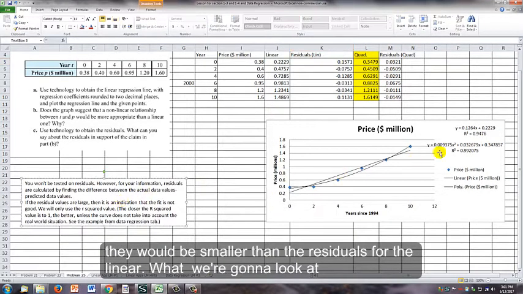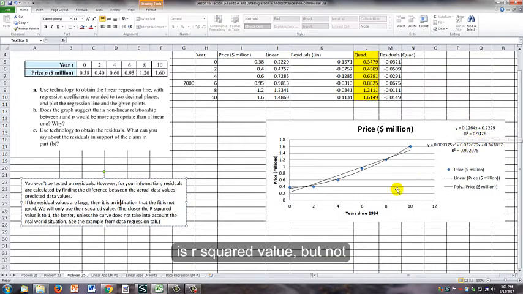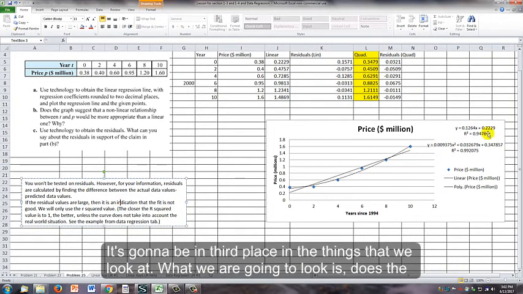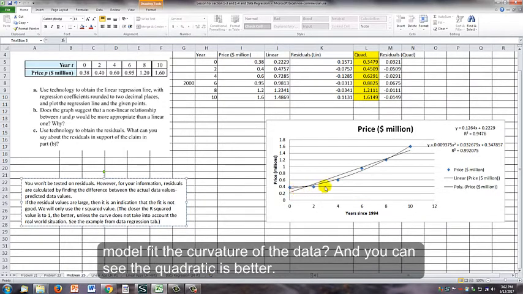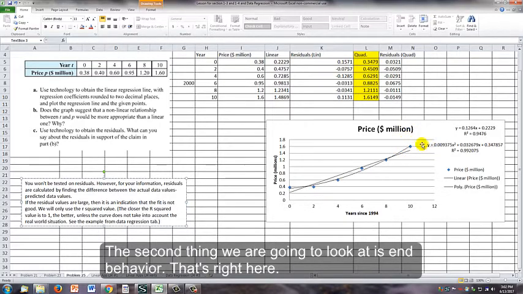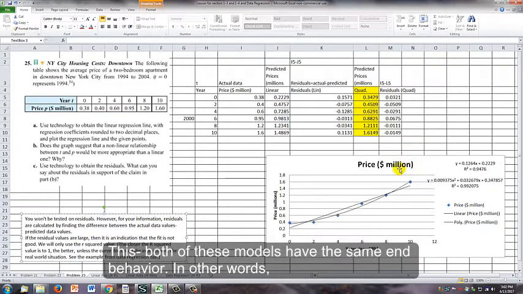What we're going to look at is R squared value, but not R squared value in first place. It's going to be in third place in the things that we look at. What we're going to look at is, does the model fit the curvature of the data? And you can see the quadratic is better. Second thing we're going to look at is end behavior. That's right here. Both of these models have the same end behavior.